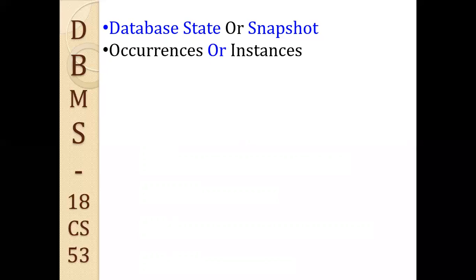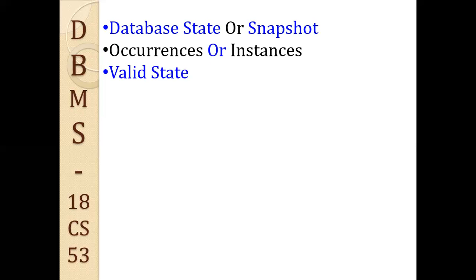After entering the data, we need to verify whether the data satisfies the constraints specified by the users, the constraints specified in the database. If the data satisfies the structure and constraints specified in the schema, then such a data set, state or snapshot is referred to as a valid state.